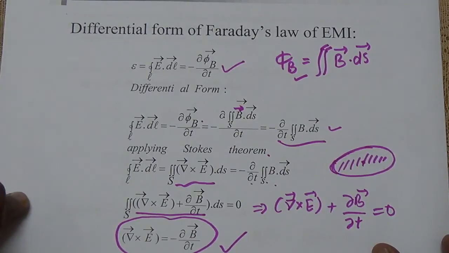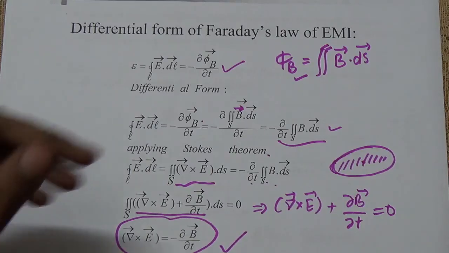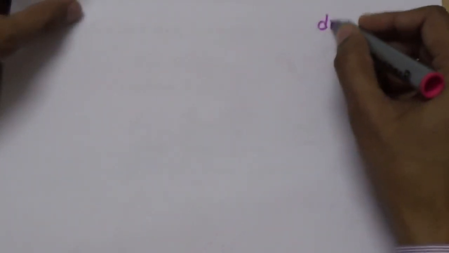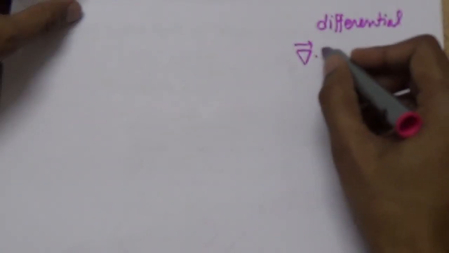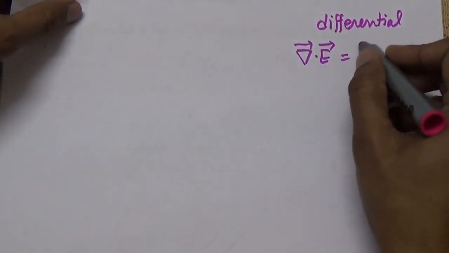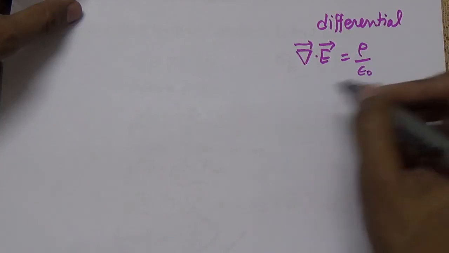So now we have 4 equations in differential form and integral form. These equations are known as Maxwell's equations. The first differential form is del dot E equal to rho upon epsilon naught.